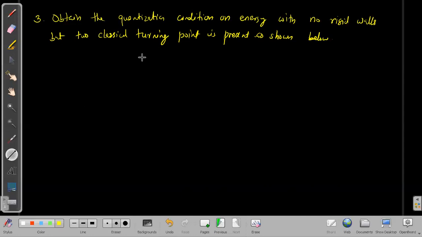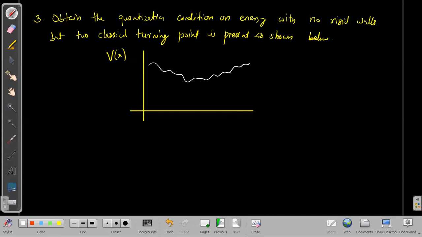So the situation is like this. We have a potential V of x, some slowly varying function. So there are no rigid walls present on any side.